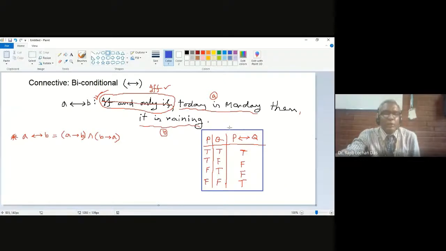Now just keep this in your mind. This is the truth table for biconditional, and try to understand what is happening here. Do you see any connection with previous operators or gates?